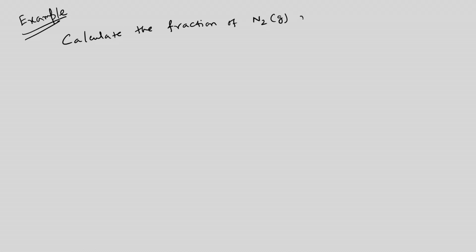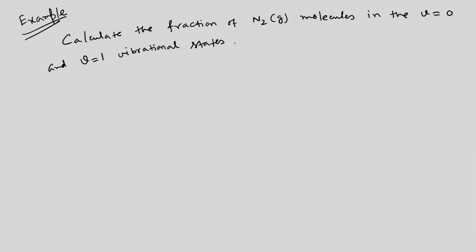So, one example is: calculate the fraction of N2 gas molecules in the v equals 0 and v equals 1 vibrational states at 300 Kelvin temperature. So, this is a numerical problem.